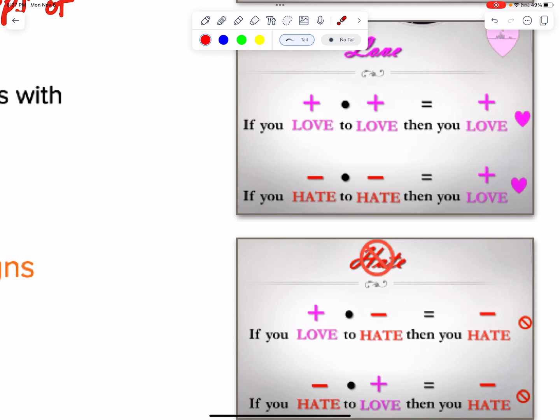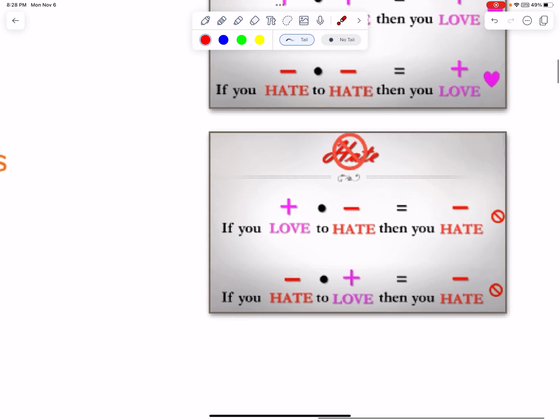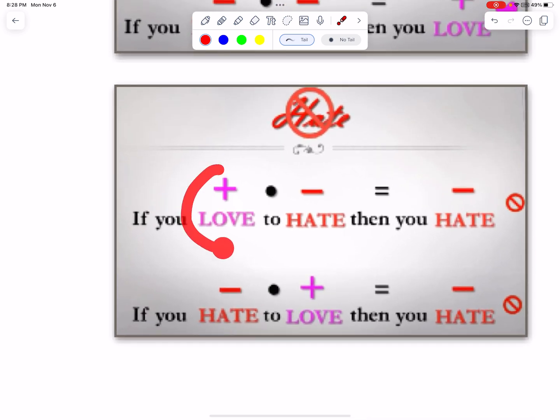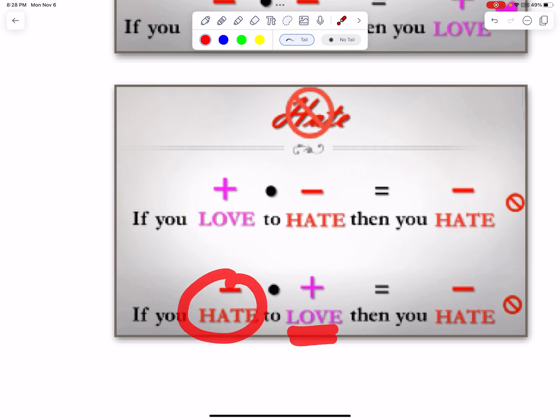So I want you to notice also the 2 same equal the positive. So just a pattern to be aware of. Multiplying positives equals a positive, multiplying negatives equals a positive. Now, this is the hate section. If you love to hate, you love hating, then obviously you hate. If you hate loving, then you obviously hate.